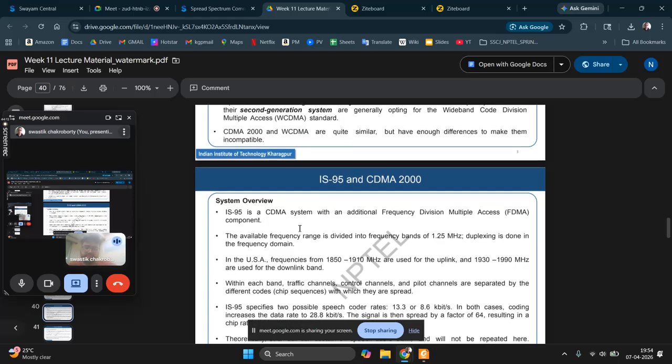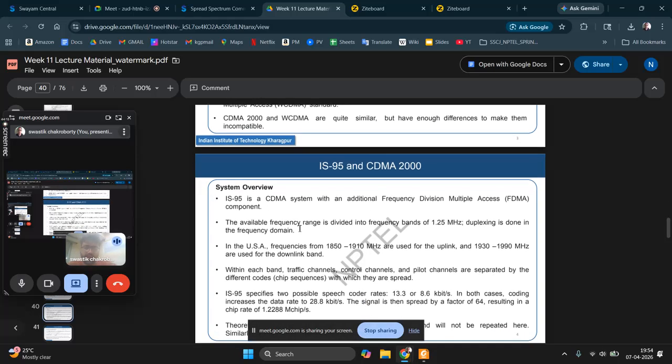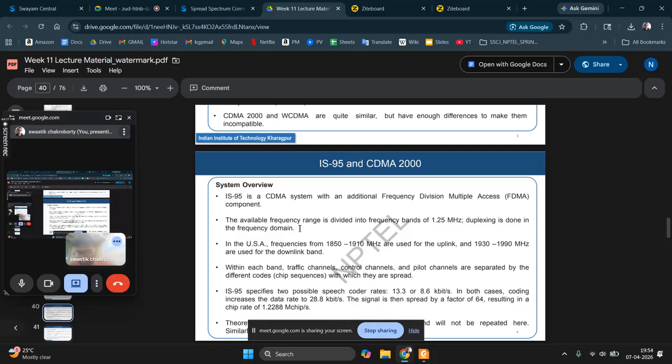So IS95 is a CDMA system with an additional FDMA component. So the available frequency range is divided into bands of 1.25 megahertz, and duplexing is done in the frequency domain. So there is some frequency division going on, and within each band, traffic channels, control channels, and pilot channels are separated by different codes with which they are spread.